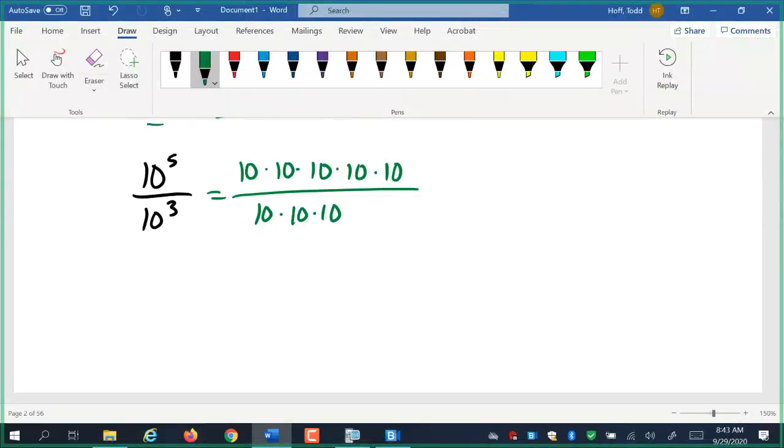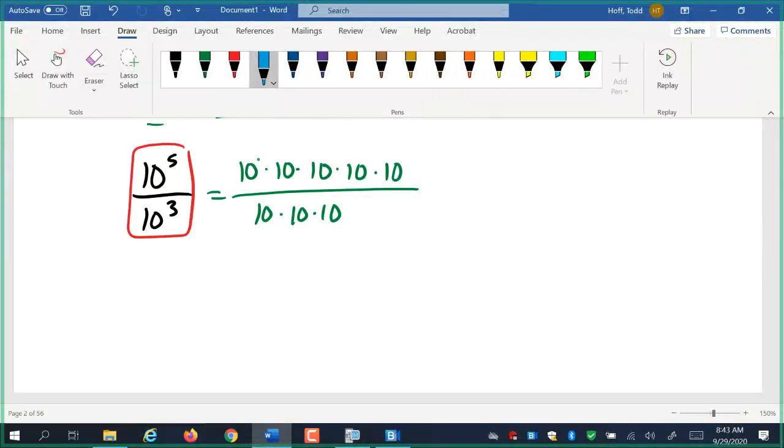Now, we saw with our fractions, first of all, division and fractions, remember, are interchangeable. We can go back and forth from one to the other. So even though this is 10 to the 5th divided by 10 to the 3rd, we can treat it like a fraction. And when we did fractions, remember, we could divide numerator and denominator by the same number, or we could cancel out factors. That's exactly what we're going to do here.